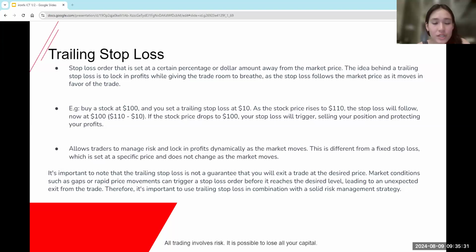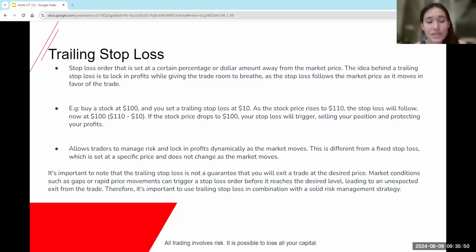The trailing stop loss technique is useful for traders because it allows them to manage risk and lock in profits dynamically as the market moves. Of course, this is very different from your fixed stop loss that we talked about earlier, which is set at a specific price and doesn't change as the market moves.